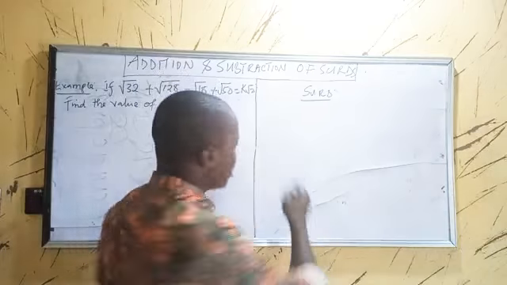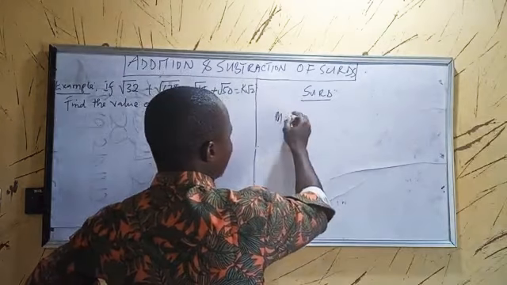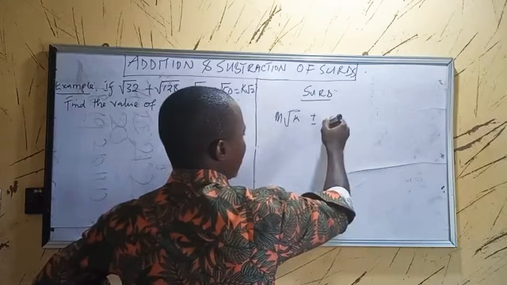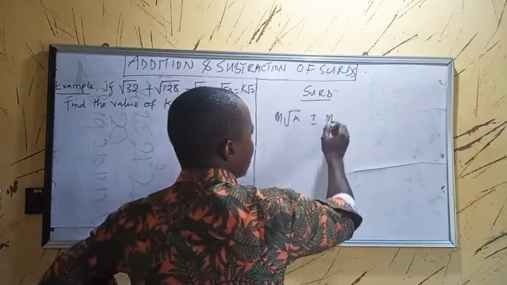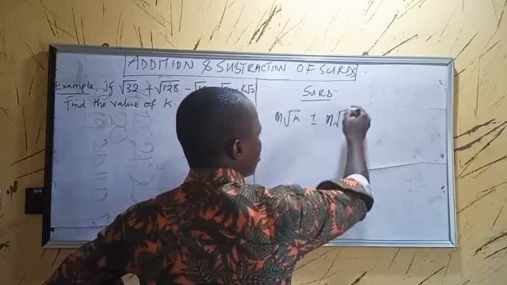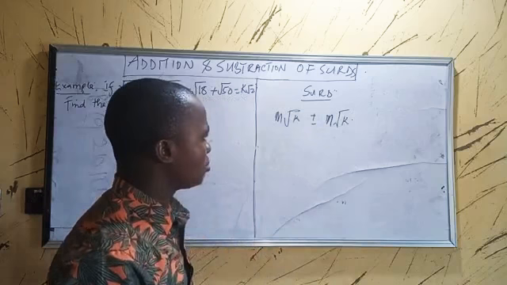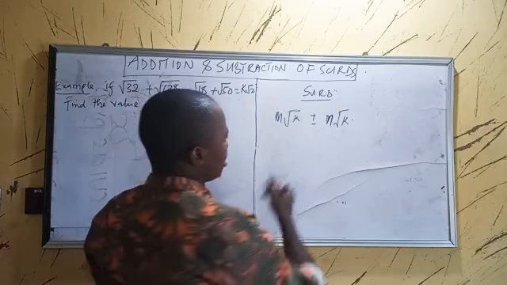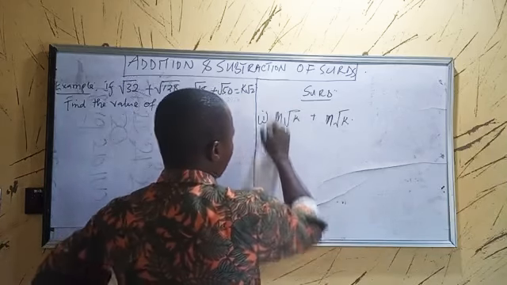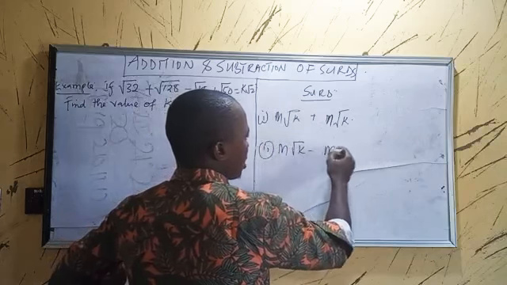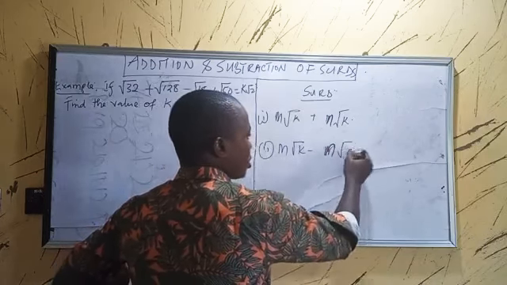So let's say we have m root k plus or minus n root k. So now, if we have this kind of problem, let me say we have m root k minus n root k.